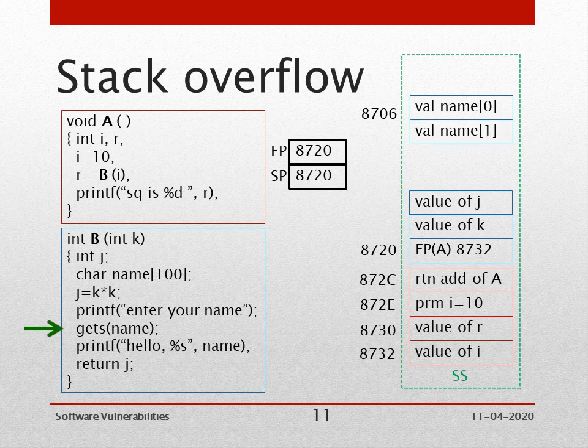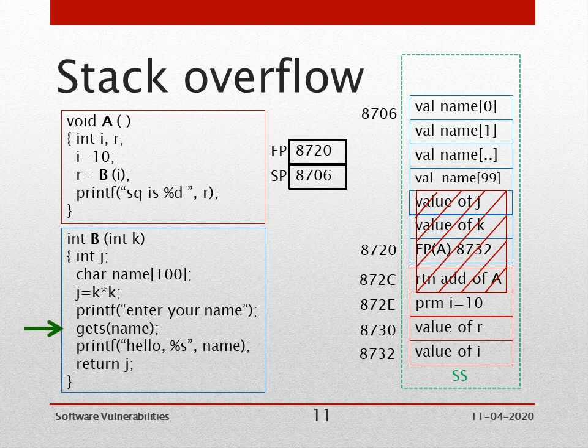So, when a buffer overflow happens within the stack, the value of the local variables which are immediately beneath the buffer gets overwritten. If the buffer overflows further, the return address of the previous function will also get overwritten.